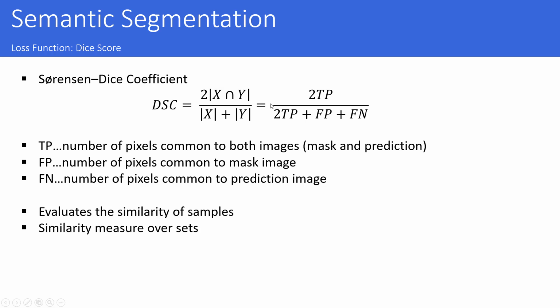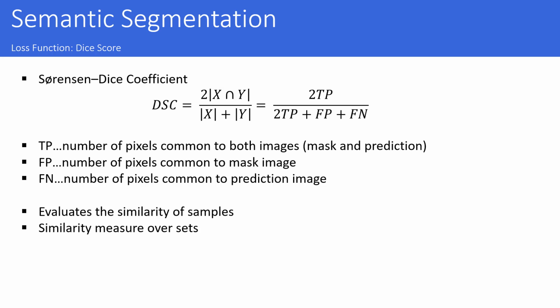You could also write it in terms of machine learning terminology with true positives, false positives, and false negatives. Where in this case, it's easier to understand if you think about the true positives as the number of pixels that are common to both images. So you have, in the end, two images that are used for calculating the loss.